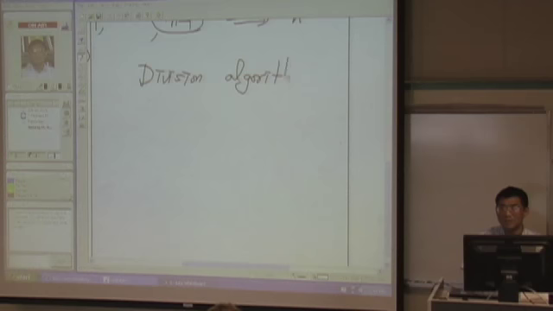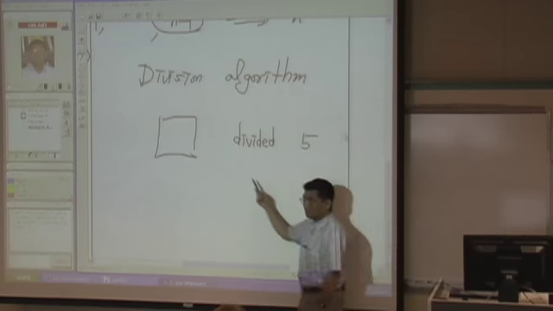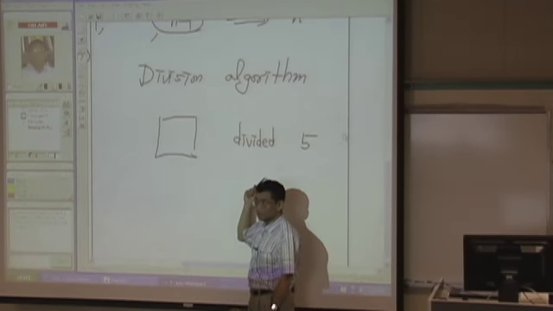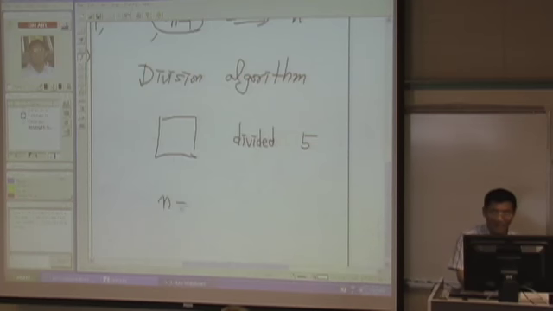Why? Because if you are asked to prove something, for instance, to prove that something is divisible by 5, then generally, all you need to do is divide a generic number n by 5. If you divide a generic number by 5, there is a quotient and a remainder. The remainder could be 0, 1, 2, 3, 4, right?